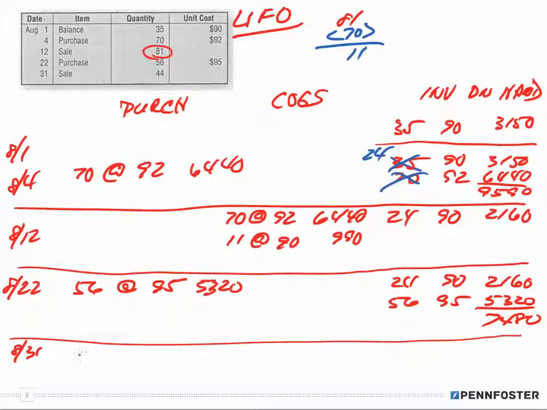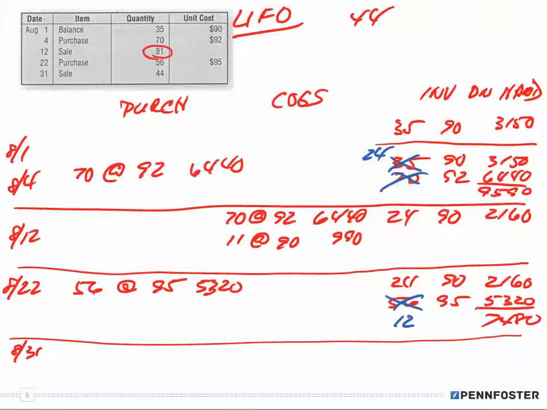And then we make another sale, and we're selling 44 of those. Since we're using LIFO, we only need to take out 44. Well, the last ones in were the 56, right? So we have to take out 44 out of the 56, which means there are 12 left over.